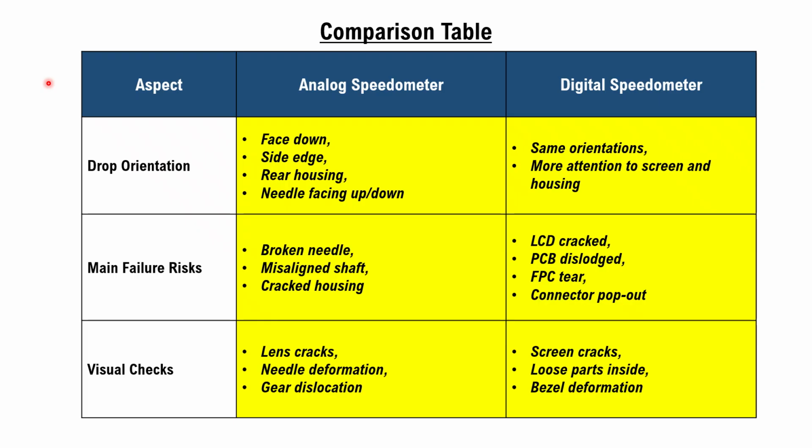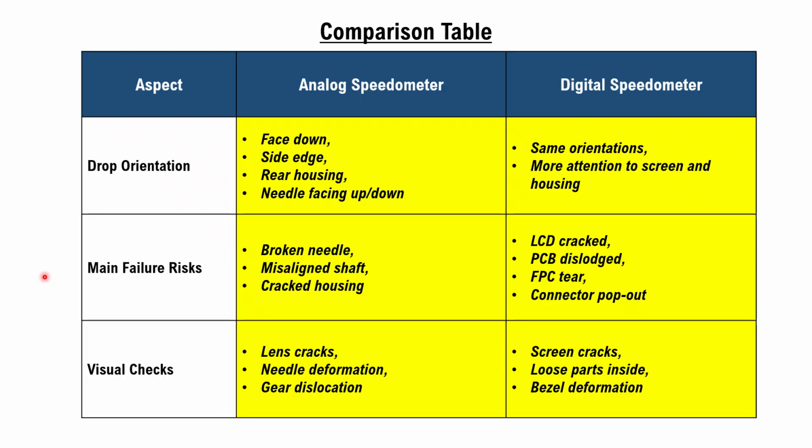As before, here is the comparison table between analog speedometer and digital speedometers applicable to drop test. Drop orientation: face down, side edge, rear housing, needle facing up and down. In case of digital speedometer, same orientations, more attention to screen and housing.